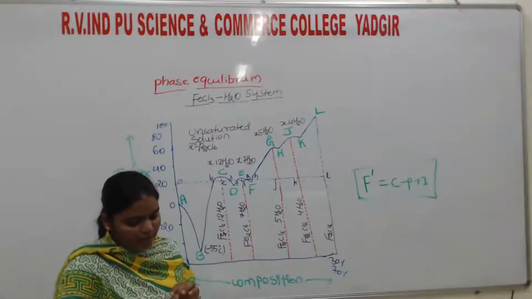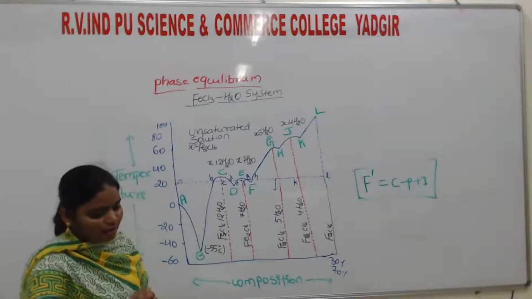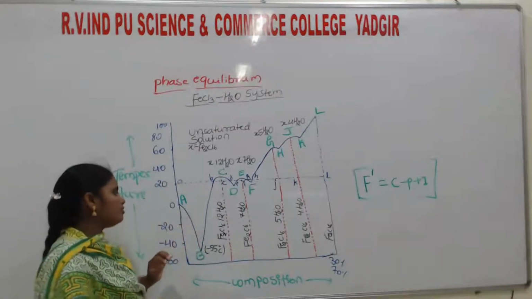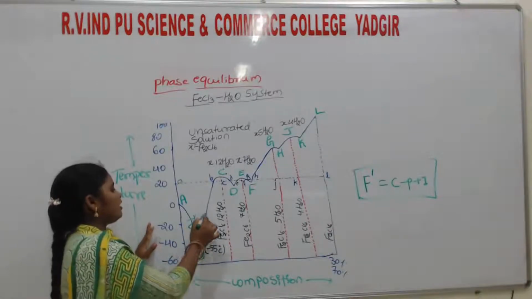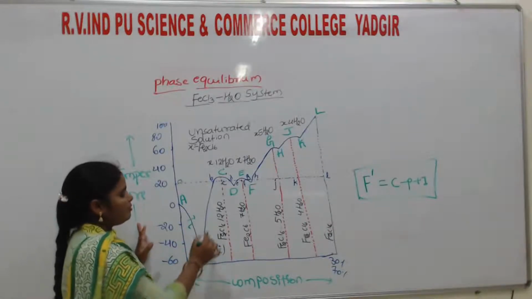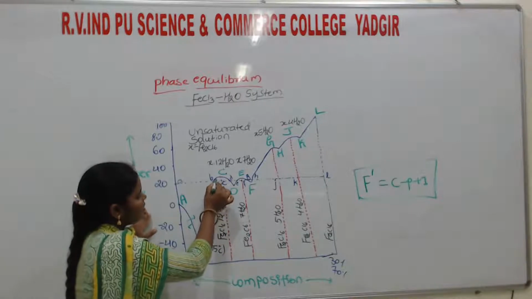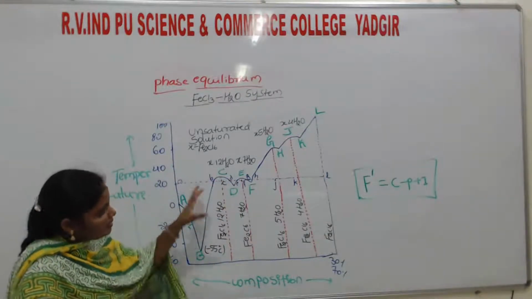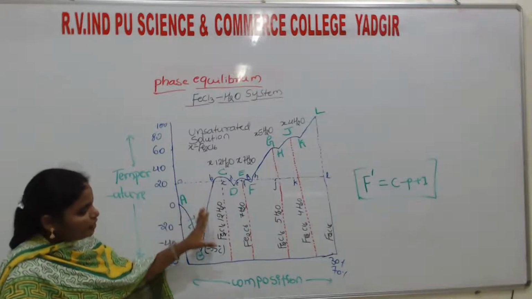The different phases exist in equilibrium under different conditions. This curve is in equilibrium, this point is in equilibrium. They exist under different conditions.